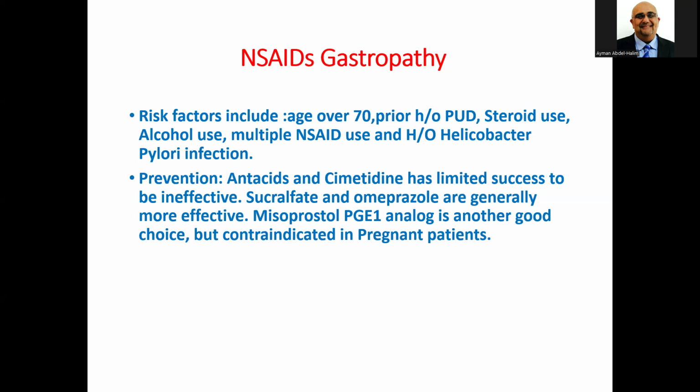As far as NSAID gastropathy goes, the risk factors are age over 70, a prior history of peptic ulcer disease, steroid use, alcohol use, multiple NSAID use, and a history of Helicobacter pylori.